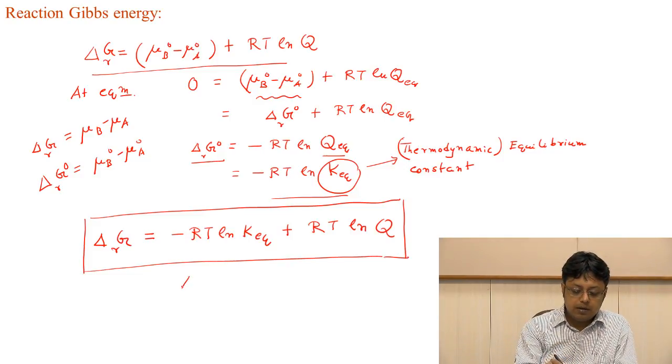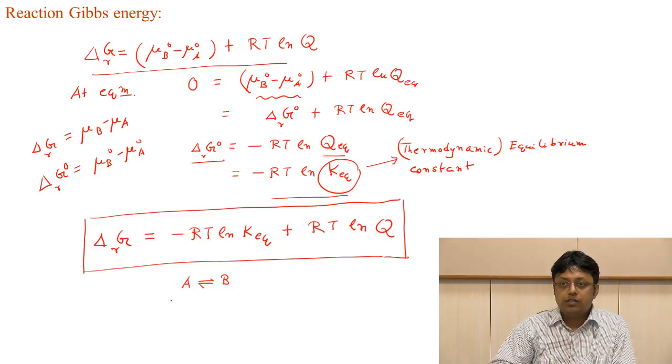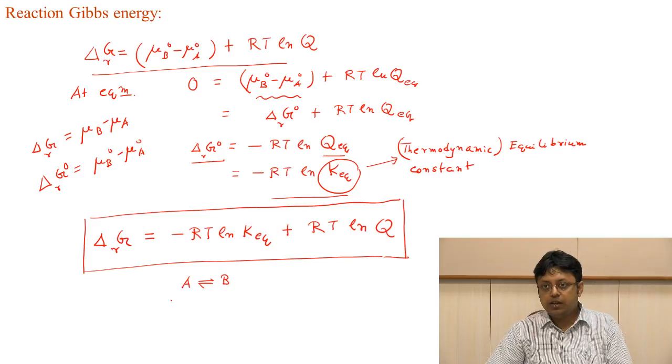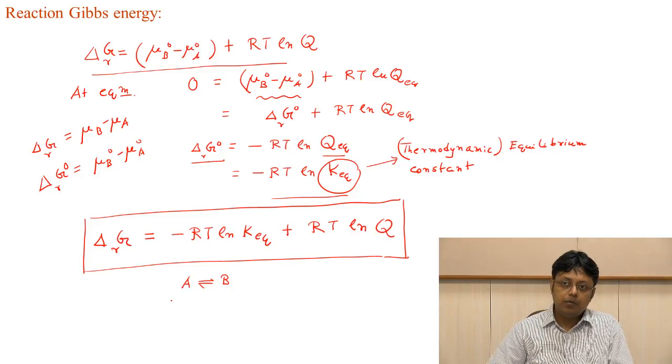Although we have developed it for a very simple reaction, we'll now see what will happen if we include the stoichiometric numbers for multiple reactions, not only just one reactant and one product. Then we'll see how we can express the reaction Gibbs free energy in terms of the reaction quotients, and what conditions dictate that equilibrium has been attained.